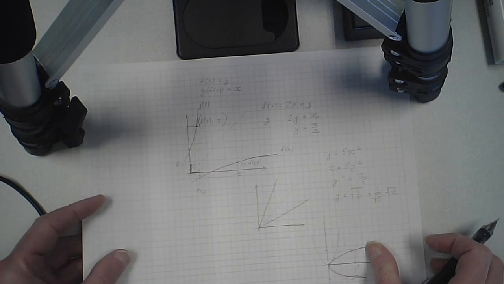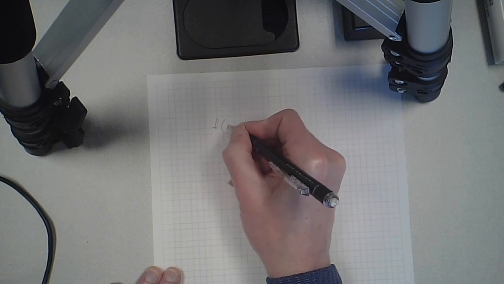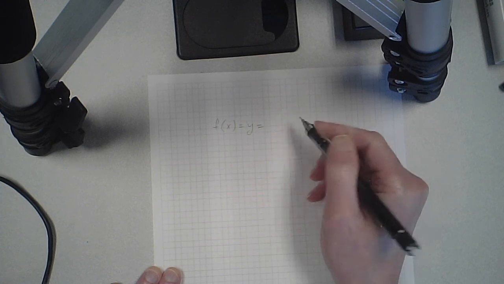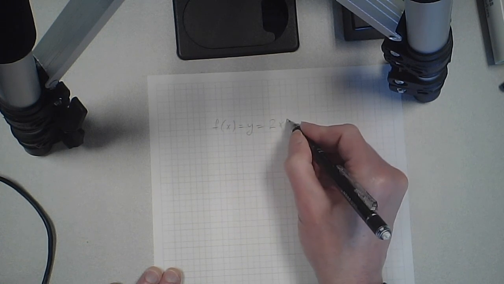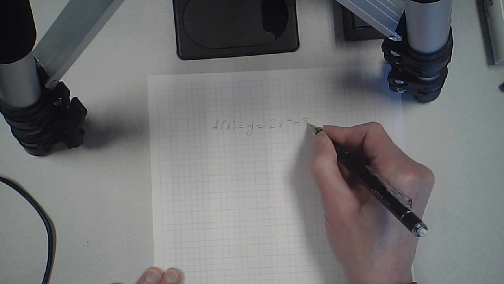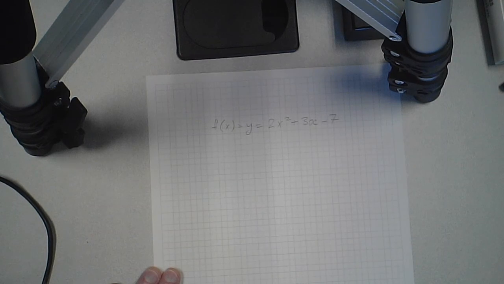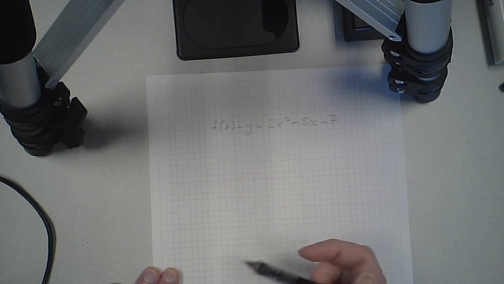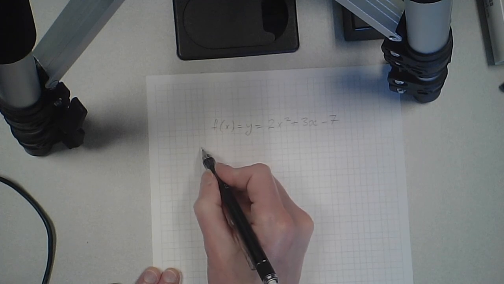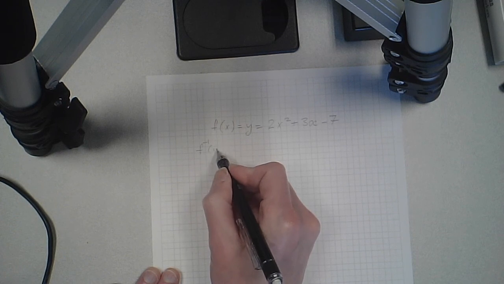For example, what if our original function y is, say, 2x squared plus 3x minus 7. What is the inverse of it? And we're going to define it for only positive x's. The inverse function, we usually mark it with a minus 1, is our question.